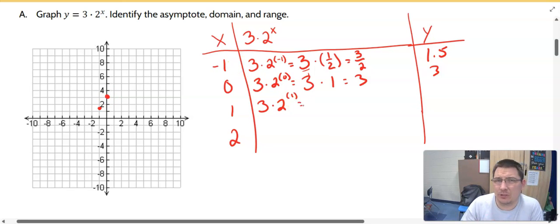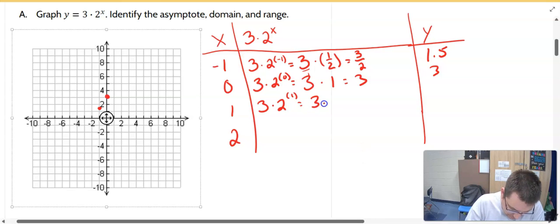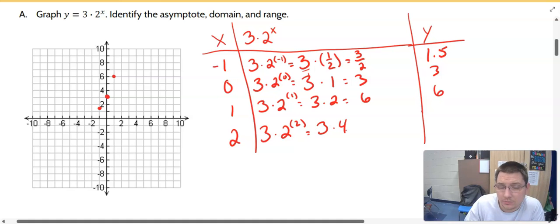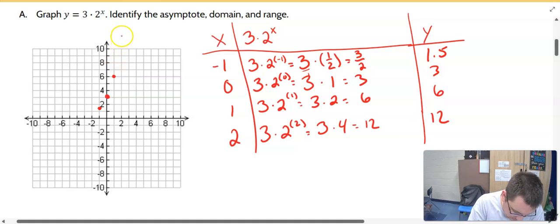Remember, anything to the first is itself, so this will be 3 times 2, which is 6. And so we get the ordered pair 1, 6. And finally for 2, 3 times 2 squared. And so 3 times 4, because 2 squared is 4. And 3 times 4 is 12. So we get the ordered pair 2, 12. And that's going to be a little bit off the top of our screen.